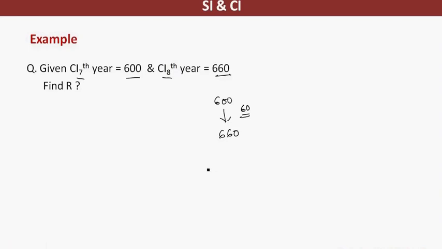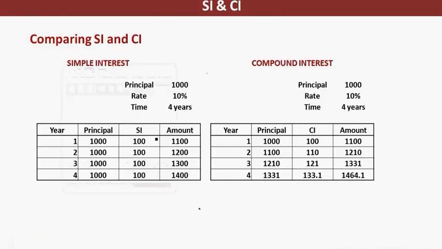If you have understood the concept by now, the difference between the CI and SI is because I'm getting interest on interest. So this 60 rupees difference is basically the interest on the compound interest of the previous year. Solving the equations, I again get R equal to 10%.